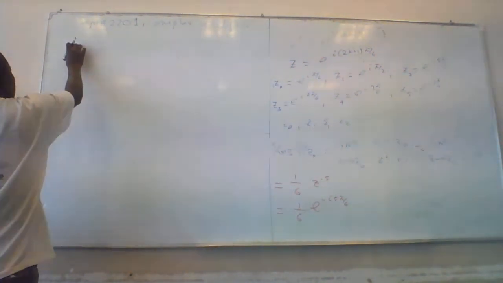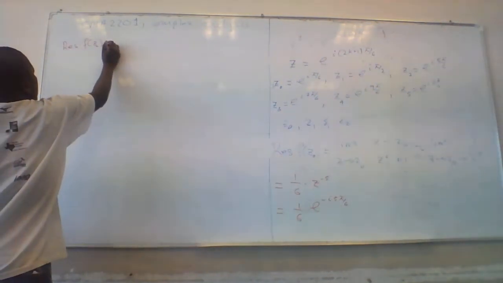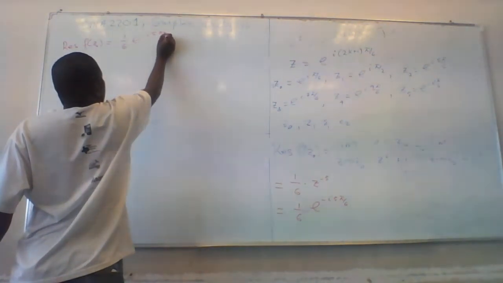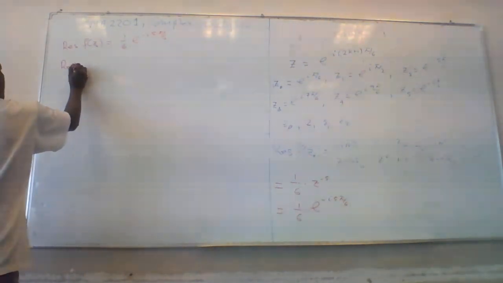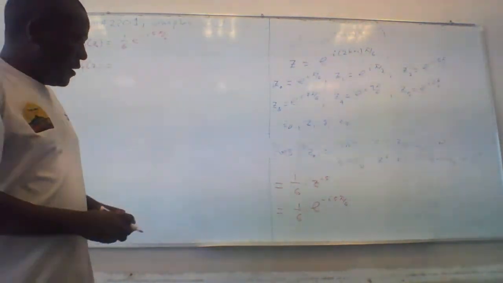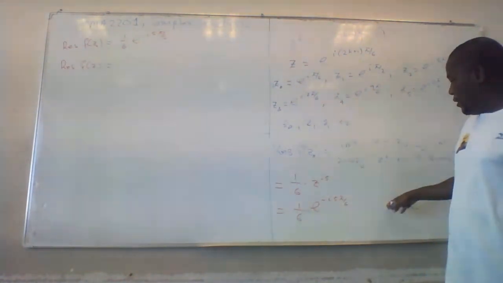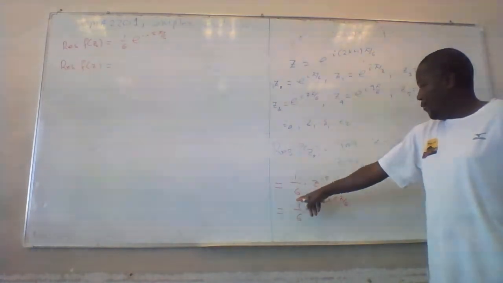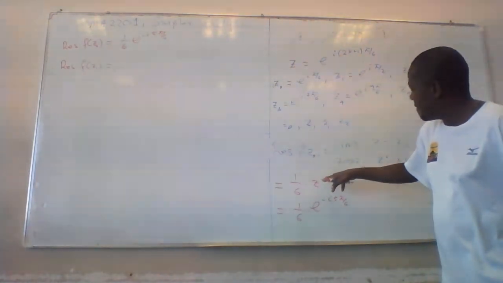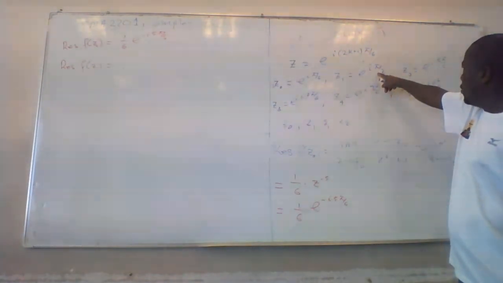So the residue of f at z0 is given by 1 over 6 e to the minus i 5 pi over 6, and then the residue of f at z1: nothing much changes except that I'm replacing z0 with z1, and the limit as z goes to z1. So I'll end up with 1 over 6 times z1 to the power minus 5, simply substituting here.